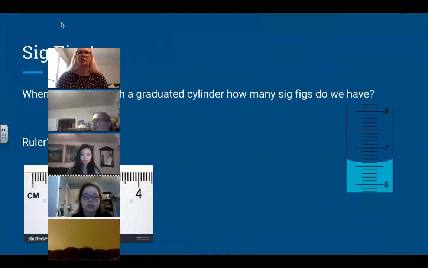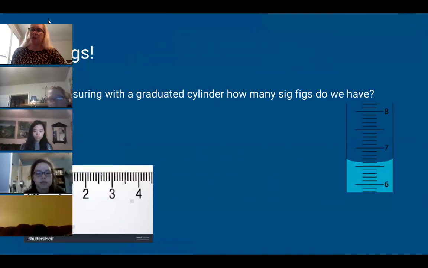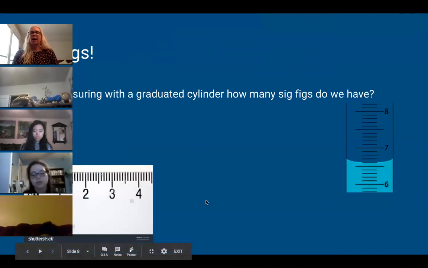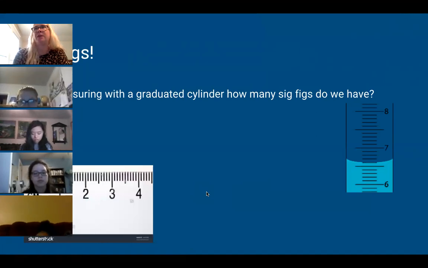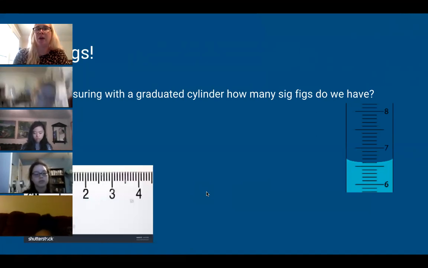So the first thing is, if they give you sig figs in a question, for example, if we look at our Avogadro's number for moles, 6.022, we want to basically use the amount of sig figs that the smallest number has.